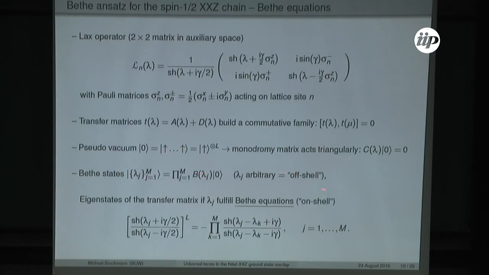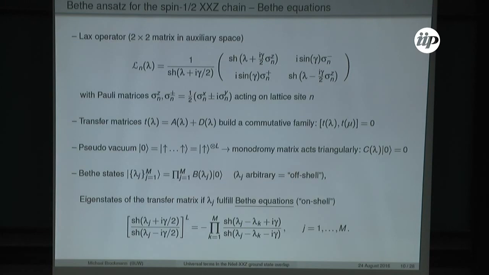So far this is just a formal definition, but you can prove that these states are eigenstates of the transfer matrix as long as the parameters lambda j fulfill these Bethe equations. This is a well-known fact from the Bethe ansatz.